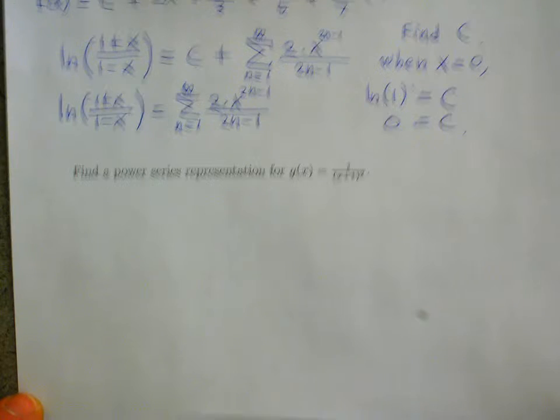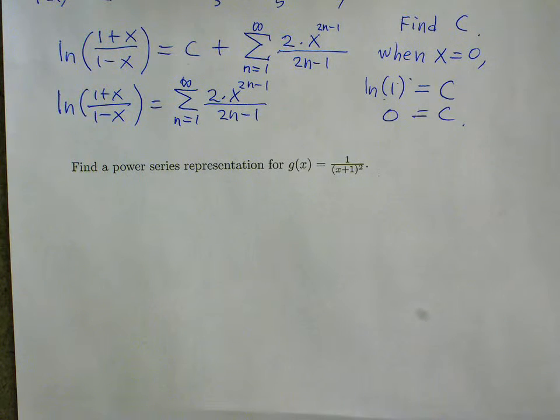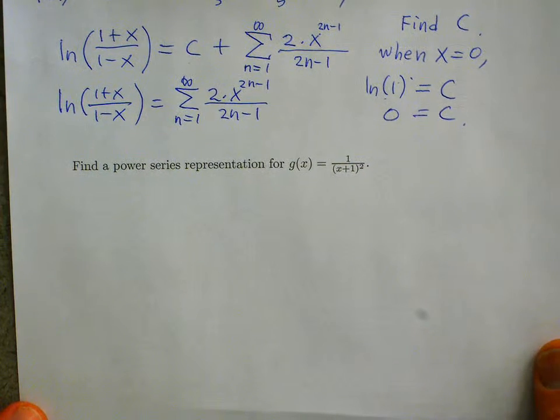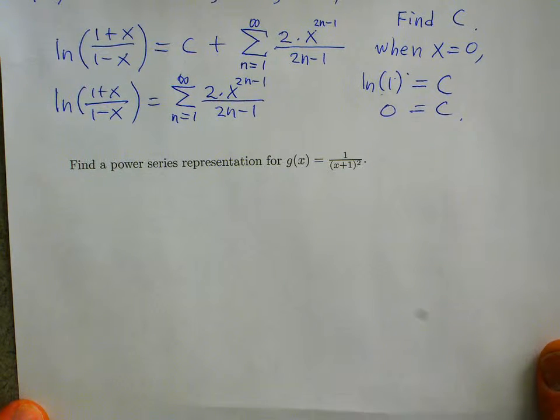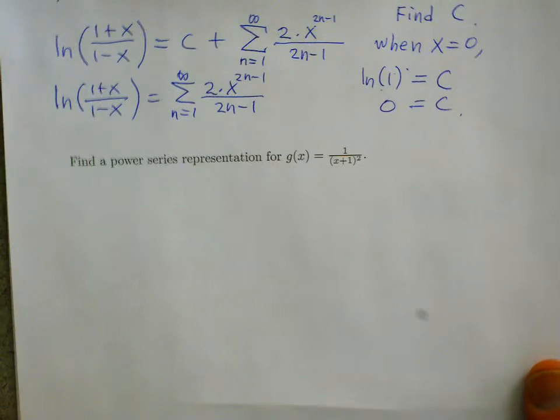Okay, one more. Find a power series representation for g of x equals 1 over the binomial x plus 1 squared. What should we do this time? I guess we better hurry.